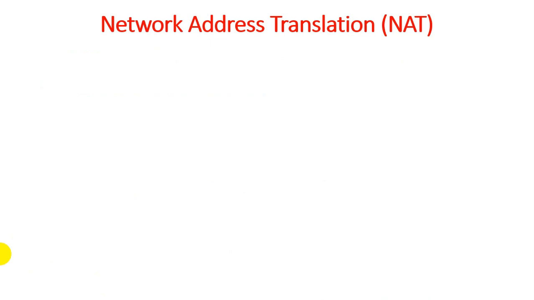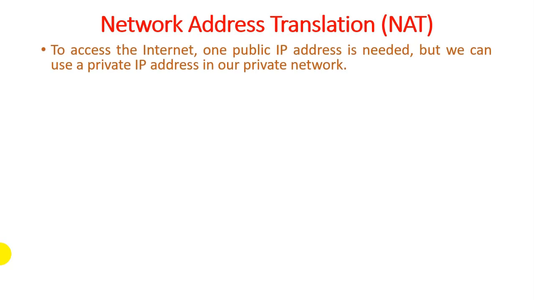Basic thing which we need to know: what is a Network Address Translator. First, to access the internet a public IP address is needed, but we use a private IP address in our private network. I think now you know what a public IP address and a private IP address are.